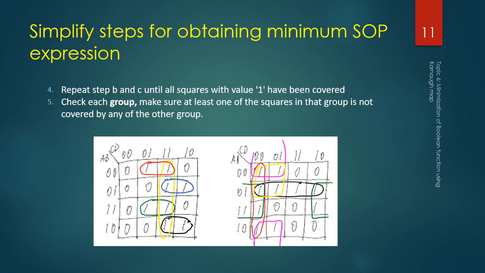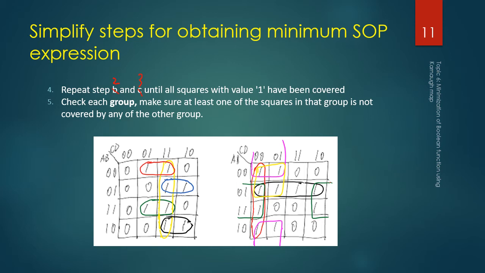Okay. So after you make the first group, you just need to repeat steps 2 and 3 until all squares with value 1 have been covered. So you need to repeat the process until you group all the squares whose value is 1.